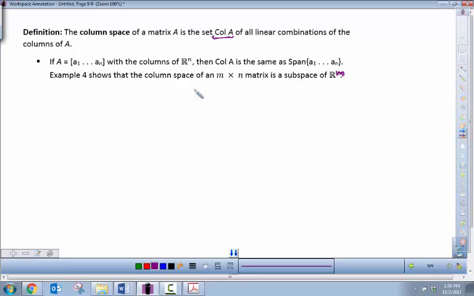So let's take a look at an example. A equals 1, 2, 3, 4, 5, 6, 7, 8, 9, -1, -2, -3.